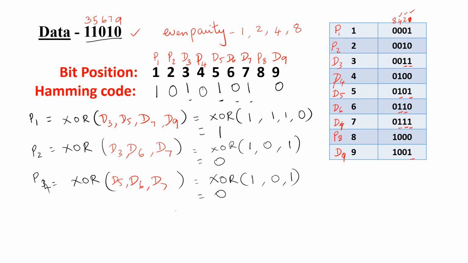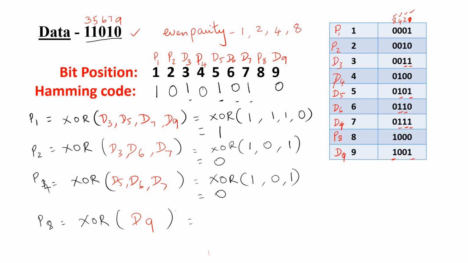Then P8. XOR of, we have to take the 8th positional weight, so the fourth bit should be 1. We have to choose only from the data bits, we should not choose from the parity bits. Here only D9 will come.